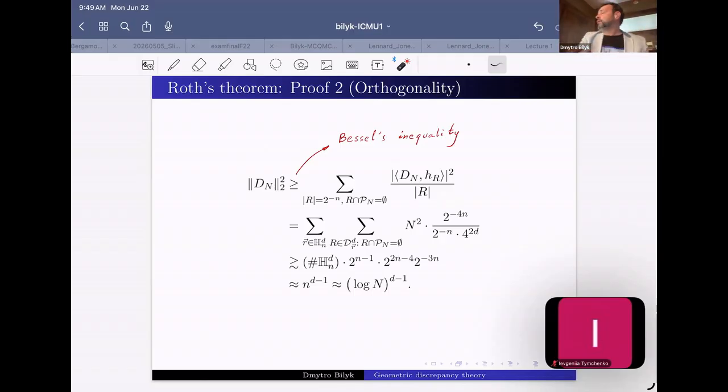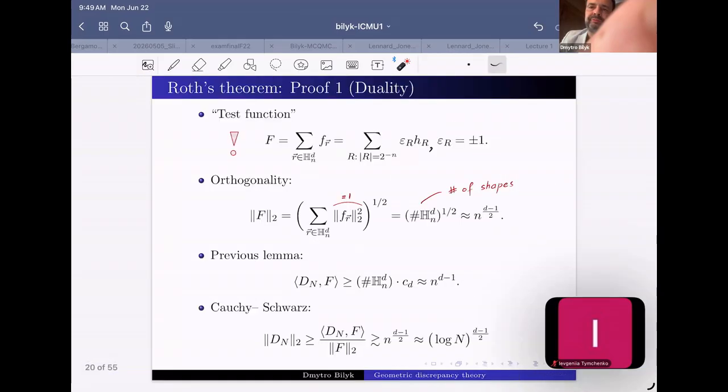What I want to say, though, is, we've proved the bound for the L2 norm. And I mentioned before, what would you do for the LP norm? Unfortunately, it doesn't extend automatically. So let's go to the duality proof, for example.